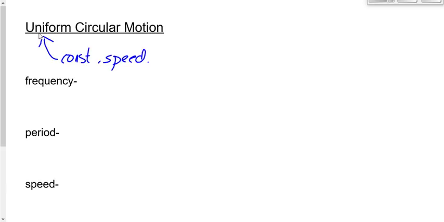In this unit, we're going to talk about objects moving in a circle going at a constant speed, uniform circular motion. We defined two new terms the other day, two brand new terms. One was frequency. Anybody remember what we defined that as? The frequency is the number of cycles per unit time.